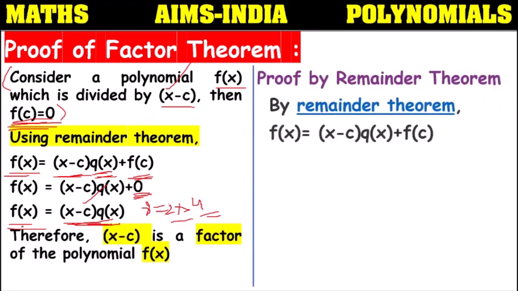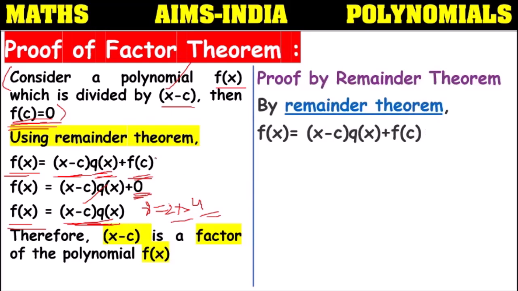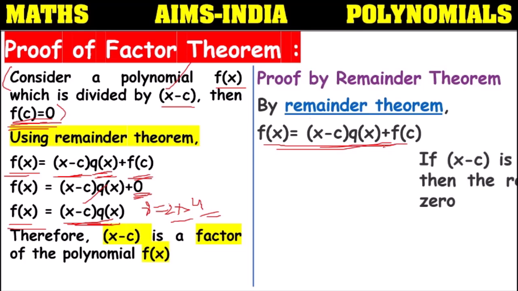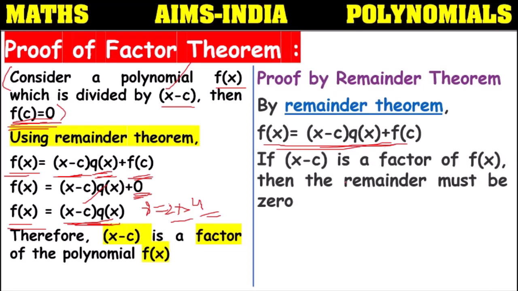So we can also prove it in another way. So by the remainder theorem, according to the division rule, we can write the given statement as this. Now in the last proof, what we have taken is, if the remainder is 0, x minus c is a factor.